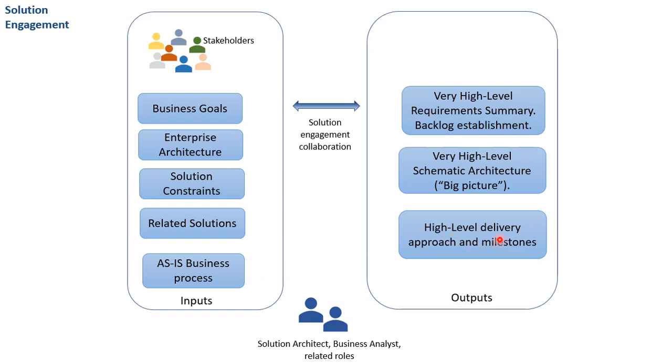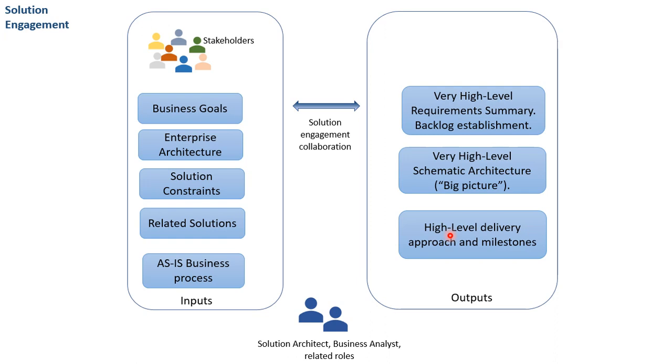So this engagement should result in a summary of what you're trying to achieve, the very high level requirements, the big picture of what you think the solution is going to look like, and some sort of element of planning in terms of how you're going to deliver it.